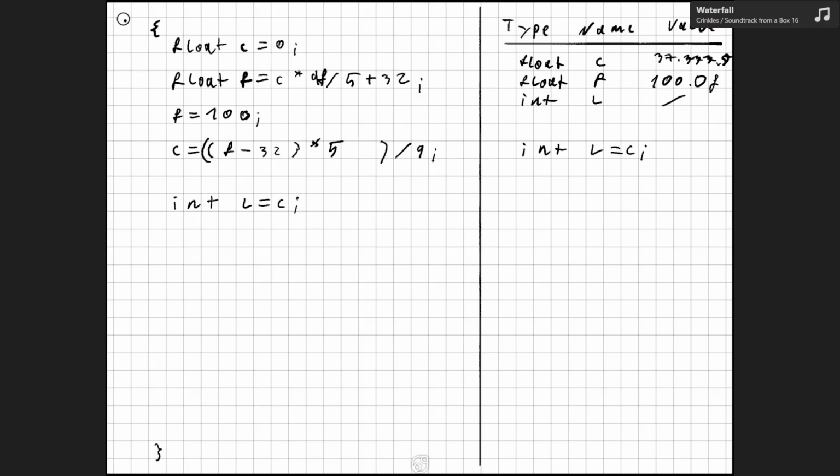Because we are right back at the very beginning with the initial issue of this number cannot be stored in an integer. We can't store the decimals. And the computer understands that this number, the C, can store more data than this variable L can store.